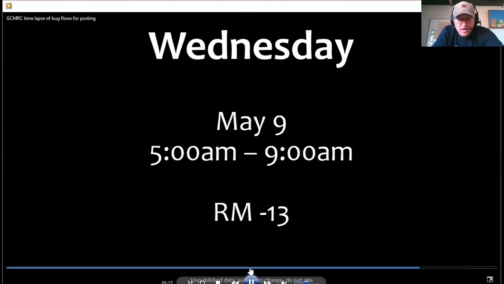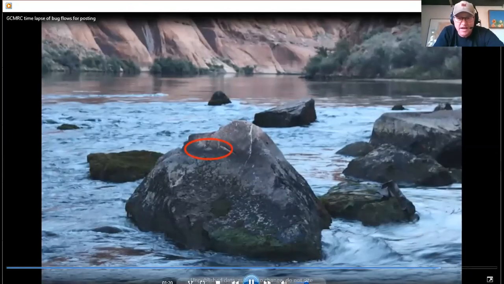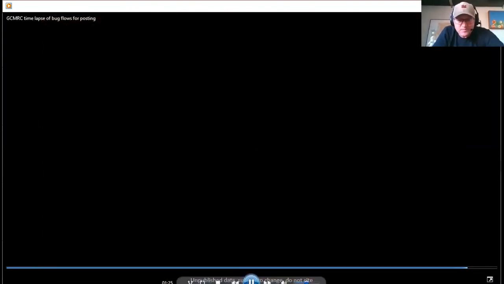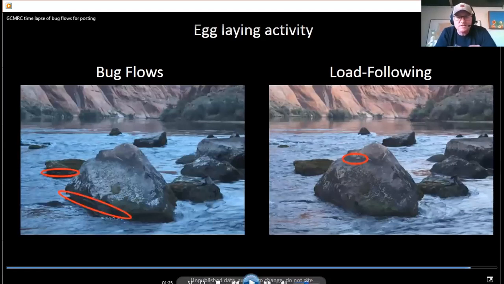And so that shows you the process that we were trying to enhance with these bug flows, that egg laying process. Like we see on the left here, during bug flows, we had a lot of egg activity right at the water's edge. Whereas during load following, we had eggs getting laid high and dry.